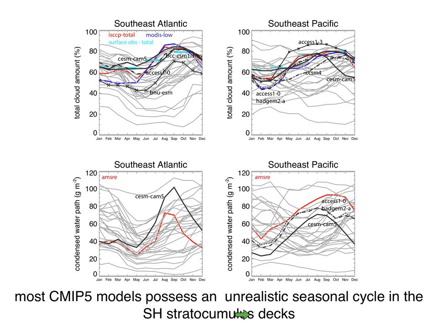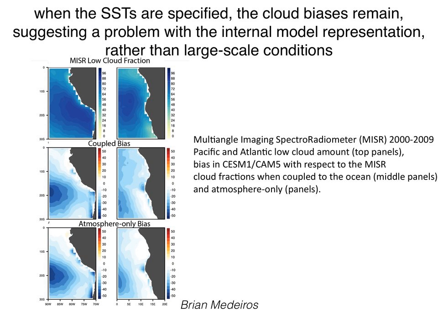And we tend to think that the issue is more with the internal representation of the clouds, for example, through plots like this. This is just for the CESM CAM5 model with respect to observed satellite-derived low cloud fraction.